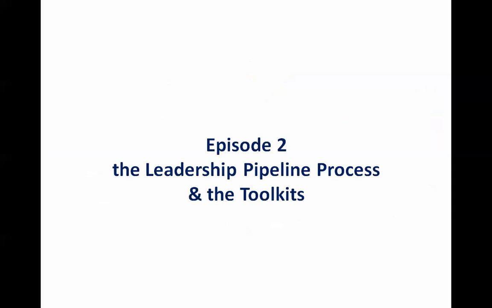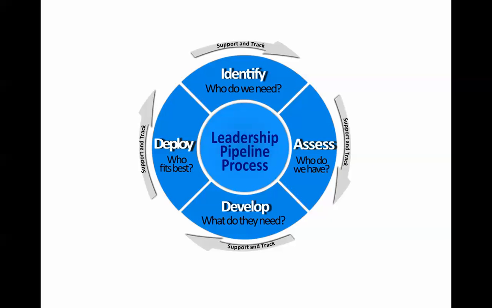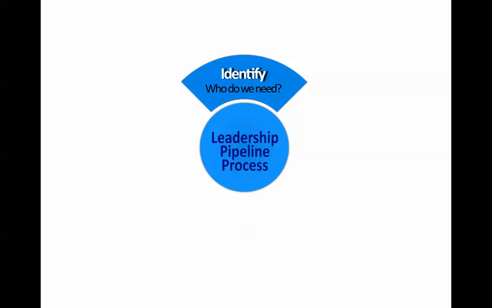So in this episode of the LDHR Toolman, we'll take a quick look at the leadership pipeline process and how the toolkits relate to and help resource it. The leadership pipeline process consists of 4 distinct steps that can be illustrated with this diagram. The first step is to identify the specific leaders that are needed.